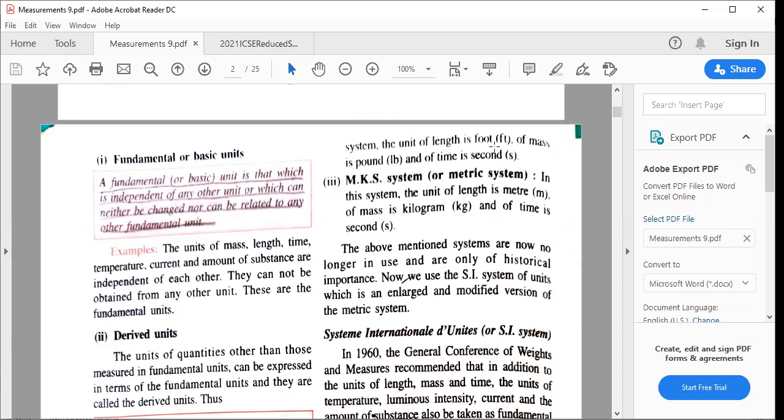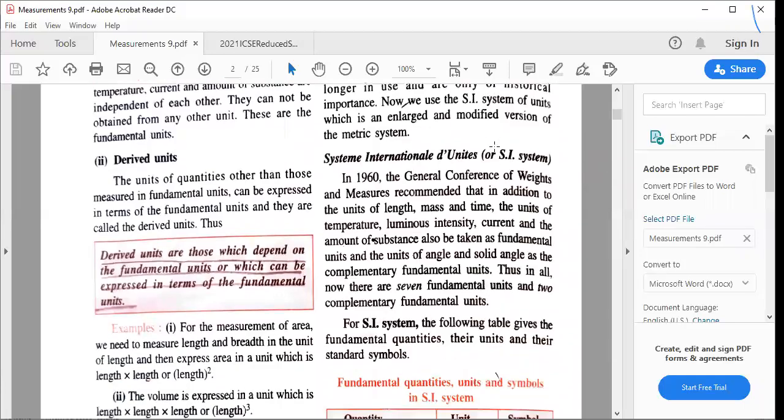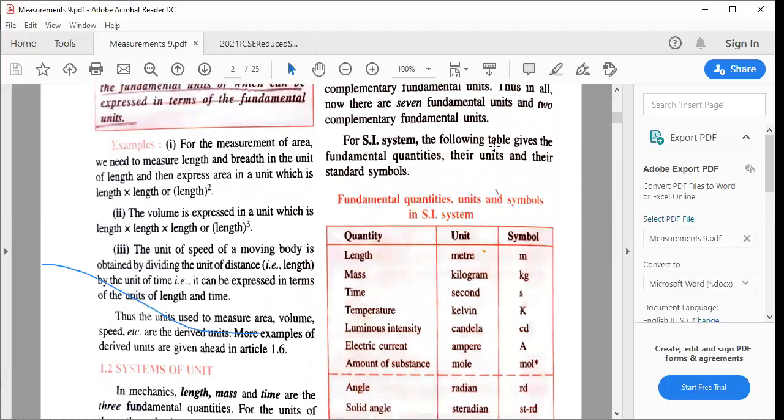The above-mentioned systems are no longer in use and are only of historical importance. So collectively they made another system, the SI unit, the system international unit, which is applicable to everyone; everyone has to use that system only. In the SI system, length you cannot measure in foot, you have to measure in meter only.